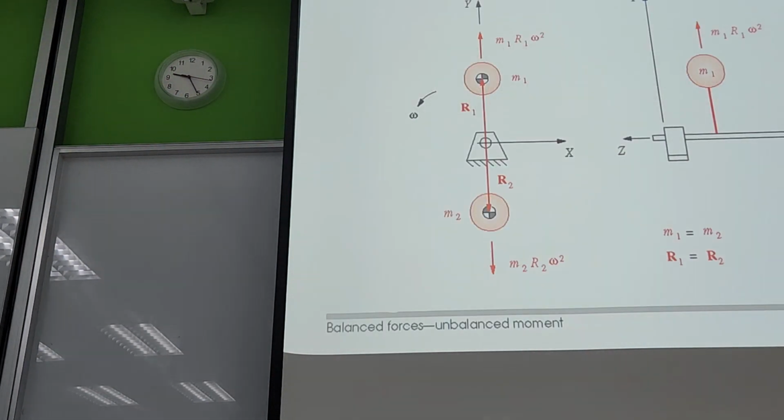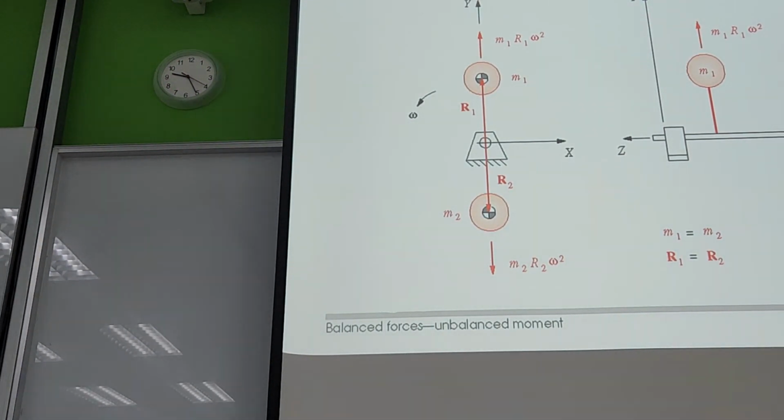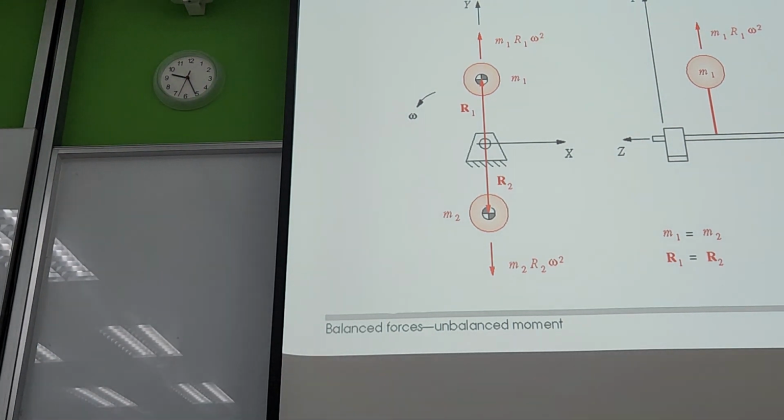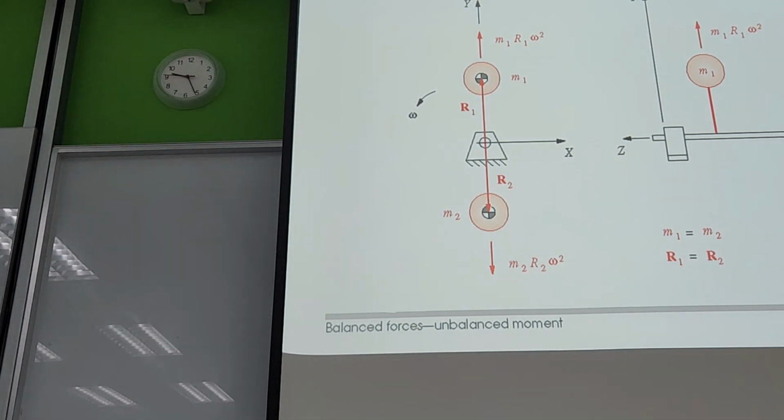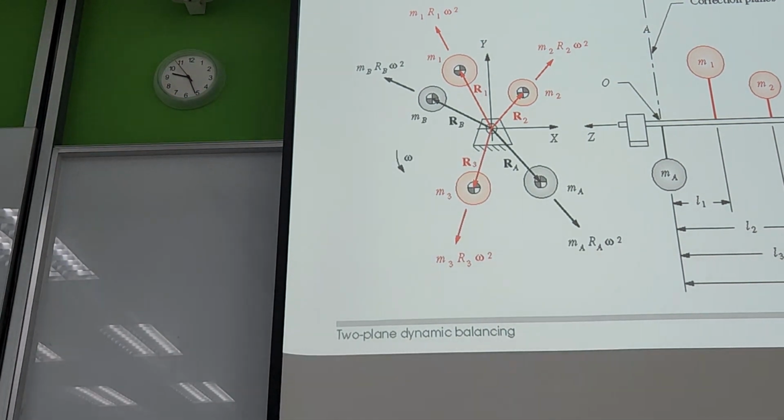So if you have a system like this, for example, there is a mass M1 here, mass M2 here. Consider with reference to a point, M1 is located at a distance L1 and M2 is located at a distance L2. So there will be a moment acting on this system. So for dynamic balancing, we need to make sure the sum of moments acting on the system will be zero.